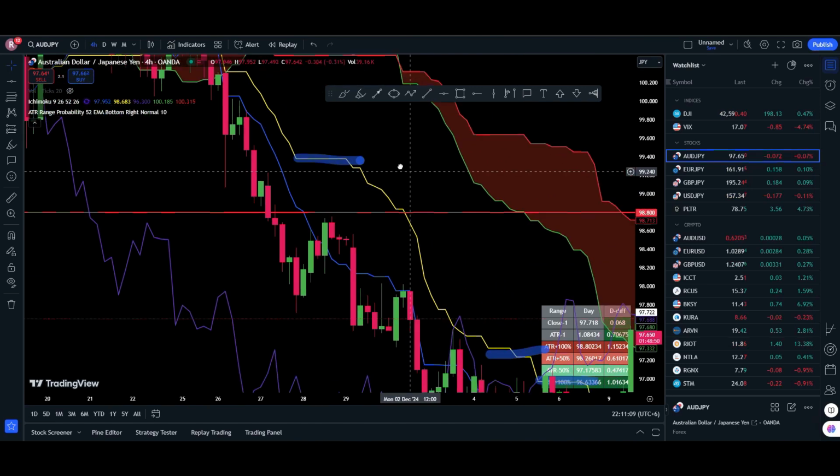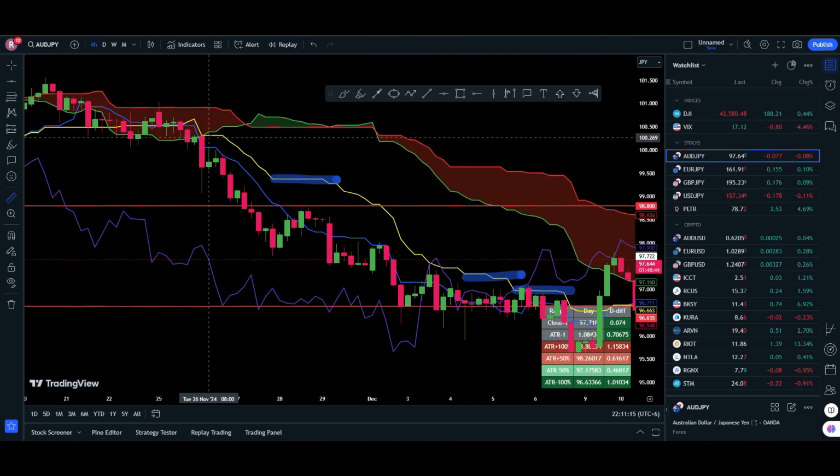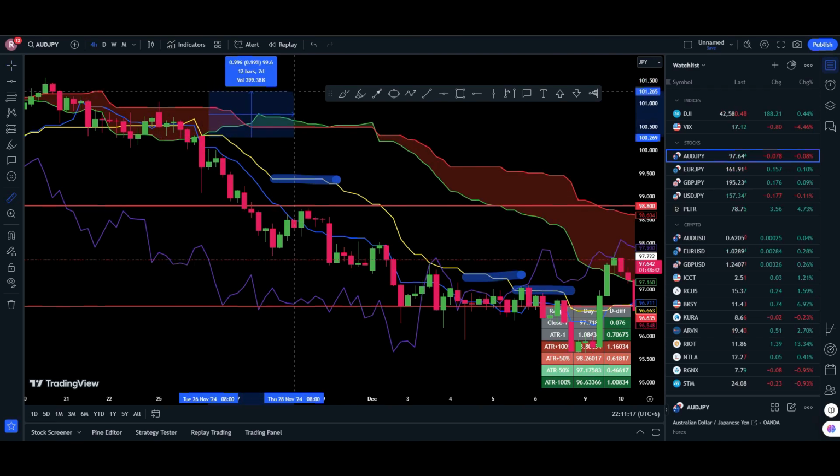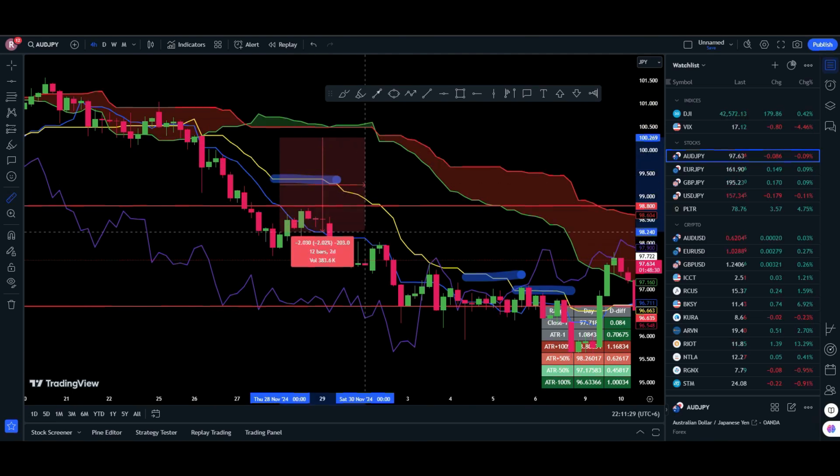You could close all 3% in the first place, but this way you will be able to generate more money. Let's say the stop loss was here, 100 pips. Our target will be 200 pips.